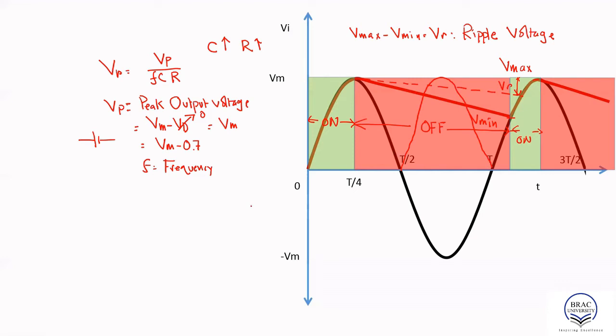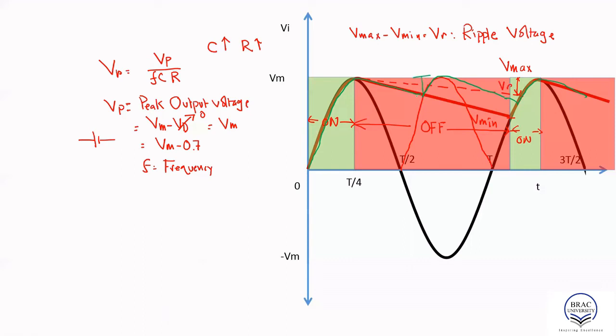And in that case, the rectified signal would look like this, if you start from here. So the green line is the rectified signal for full wave rectification.